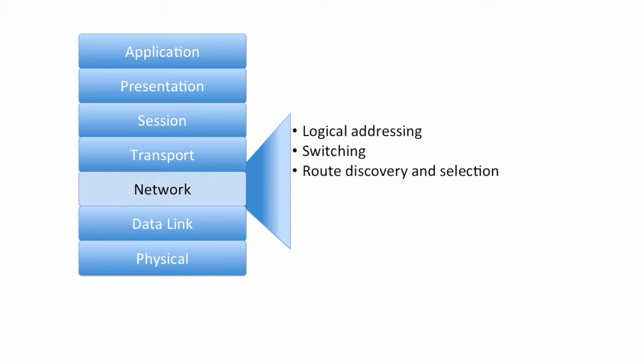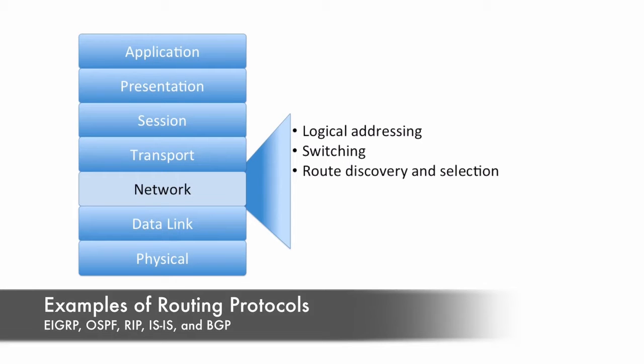We could, as an administrator, go in and administratively add a route. We could statically add a route to say, to go to this network, go out of this interface, or go to this next hop IP address. Or we might have dynamic routing protocols. With dynamic routes, we can have a routing protocol such as OSPF, Open Shortest Path First, EIGRP, Enhanced Interior Gateway Routing Protocol, RIP, the Routing Information Protocol, and those are just a few examples.